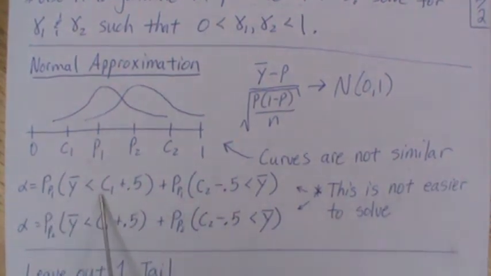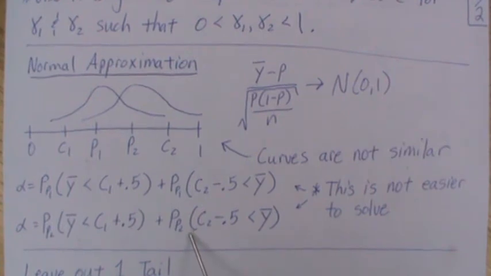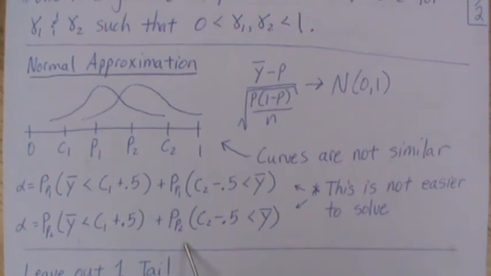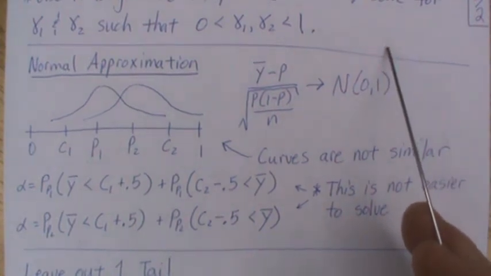So when we go to calculate these probabilities using normal, it's actually much tougher than what we've done before. You can do it, you can solve for it, you have to use a computer, but you can solve for it. But then if you have to go to the same effort to just solve the exact using the binomial, why not just use the binomial?